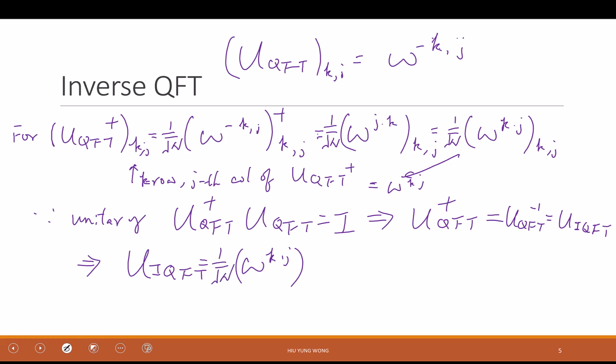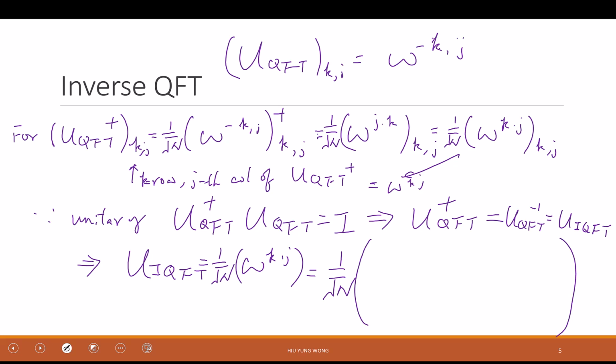Okay, so this is the matrix for inverse quantum Fourier transform. Now, if we try to just expand it instead of being so lazy, I try to write down the whole matrix, then you see everything is the same, right?